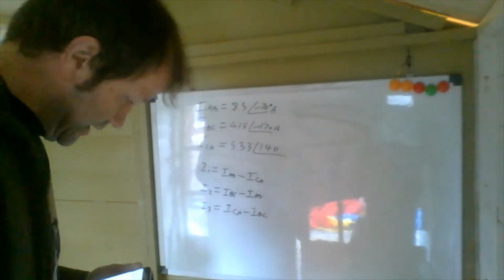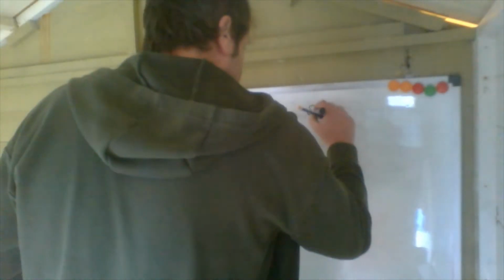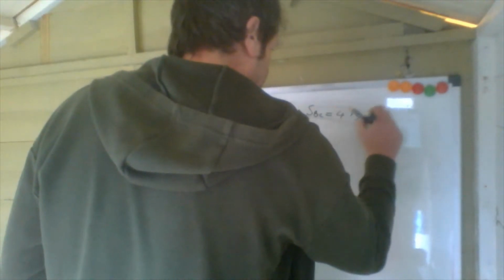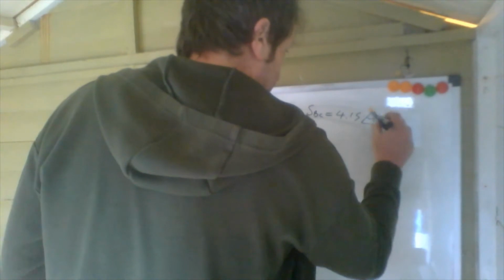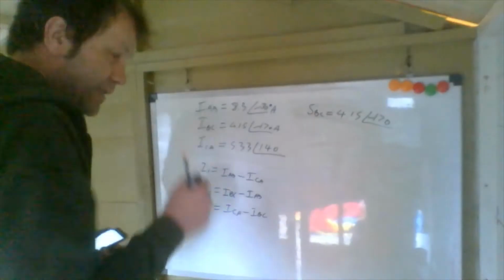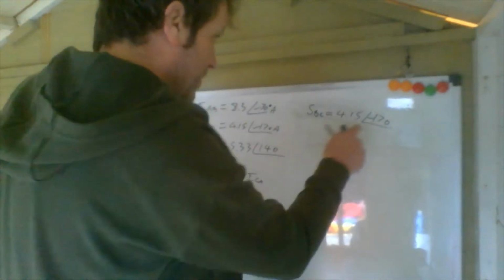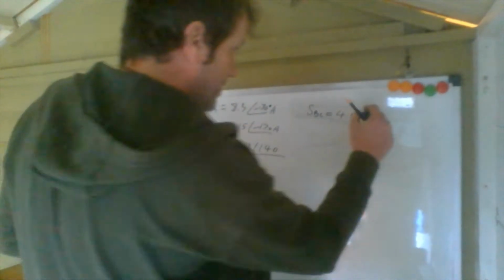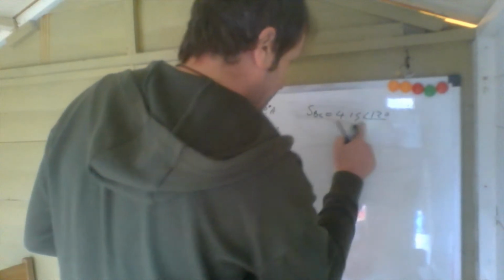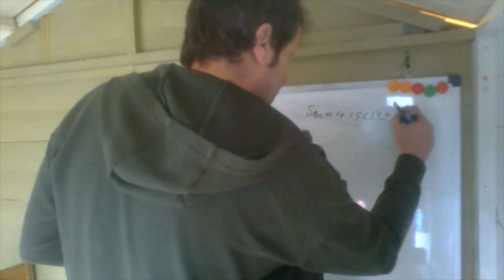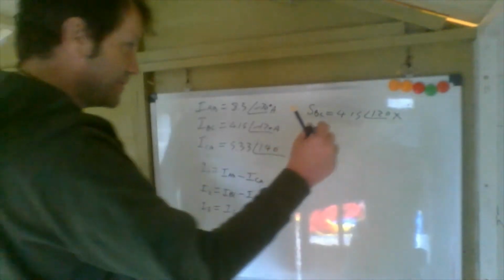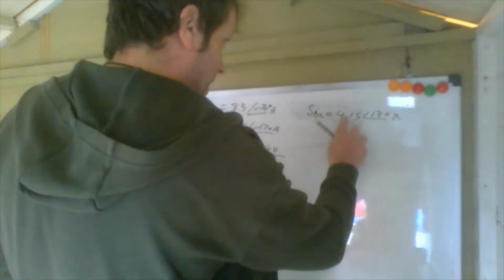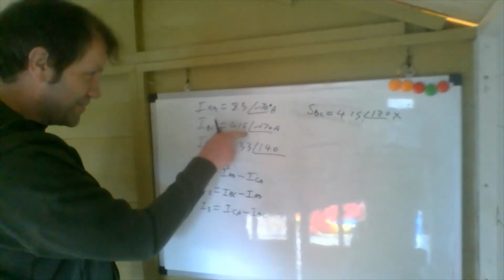Now SBC is 415 at minus 170. No, in fact, sorry, that's the current. This should be minus 120 for the voltage angle, times the conjugate of the current. Sorry, that's what made me mixed up, because I saw the 415 there.